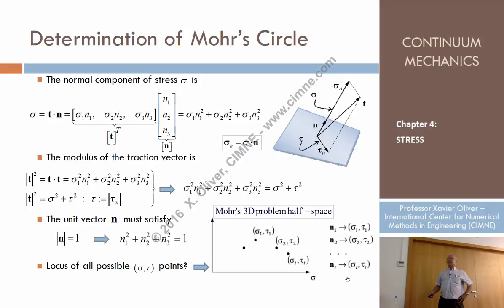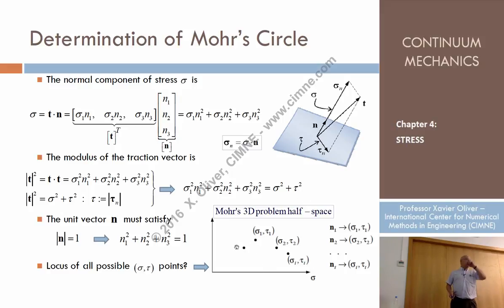So sigma in the abscissas, tau in the ordinates. Look, for a given n, I do this operation. I know sigma 1, sigma 2, sigma 3, or whatever it is. I know the stresses, and I compute t times n, and that's sigma.